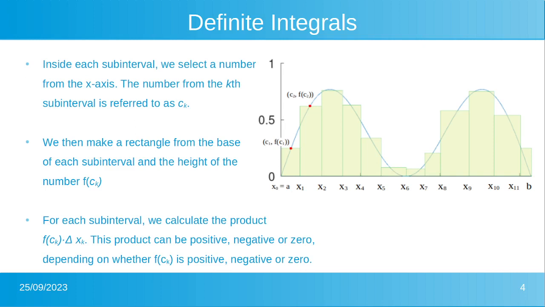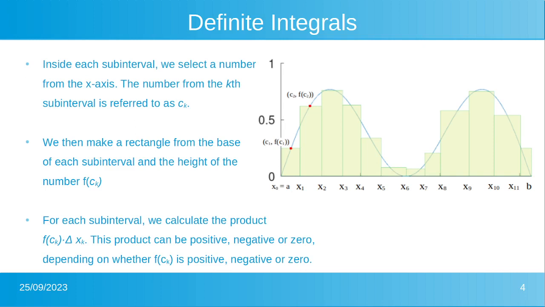The next thing that we do is, for each subinterval, we calculate the product f of ck times delta xk. Our f of ck is the height of our rectangle, and the delta xk is the length of our subinterval.